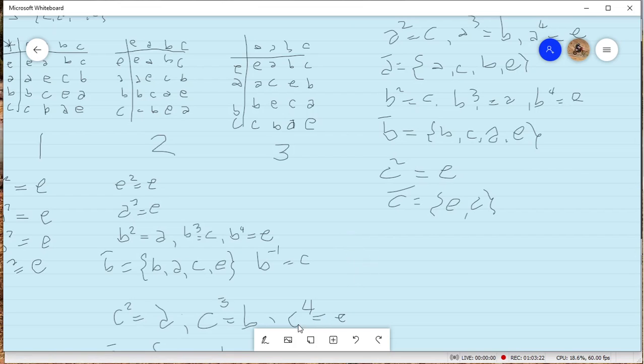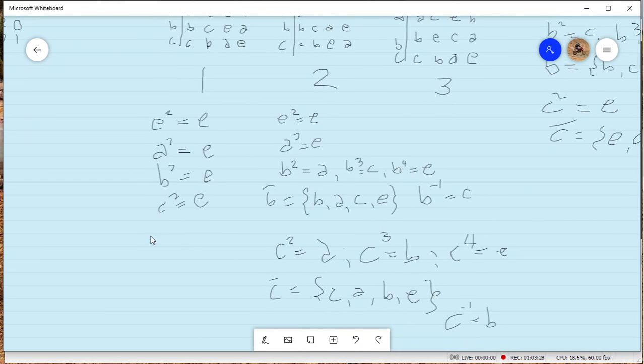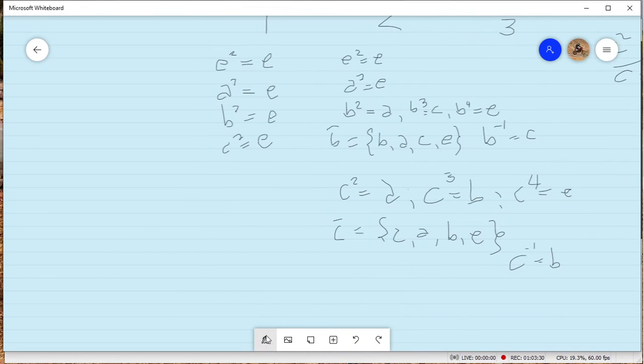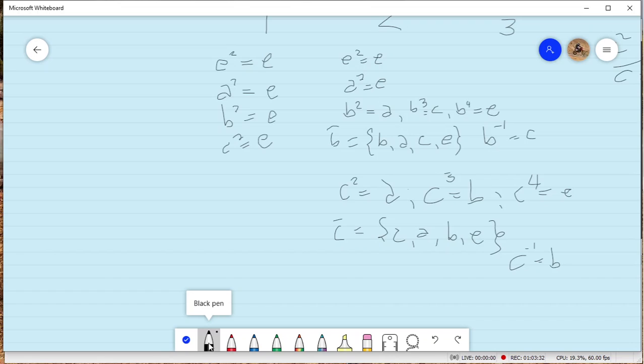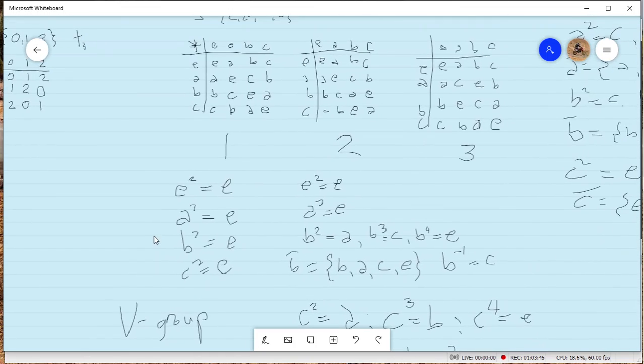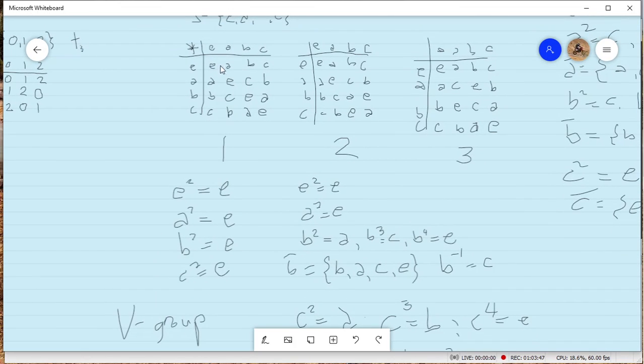Okay? Actually, there are special names for these groups. The group defined by this table is what we call the Klein four-group, or simply the V group. The V group is characterized by the symmetric arrangement in the table.